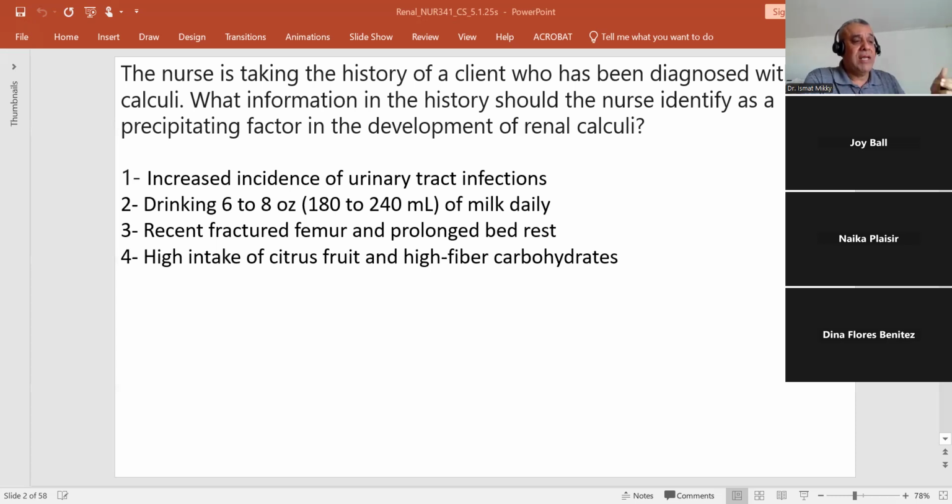Number two, drinking 180 to 240, so it's 6 to 8 ounces of milk daily. Even that amount doesn't affect or result in kidney stones. So that's another distractor. So it's number 3, I'll explain why. What about number 4?